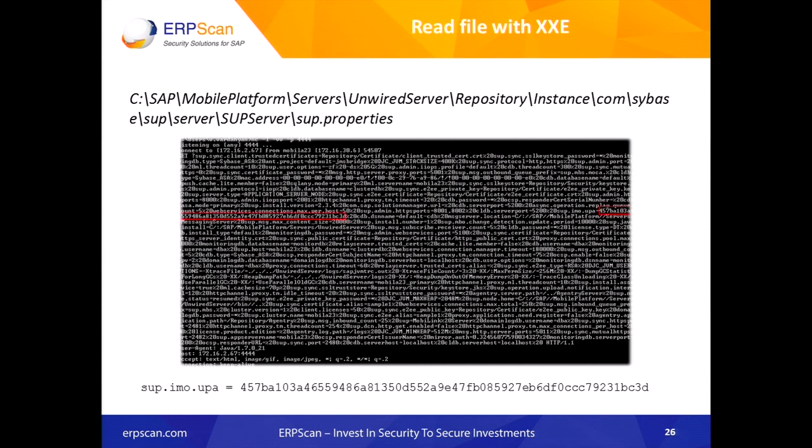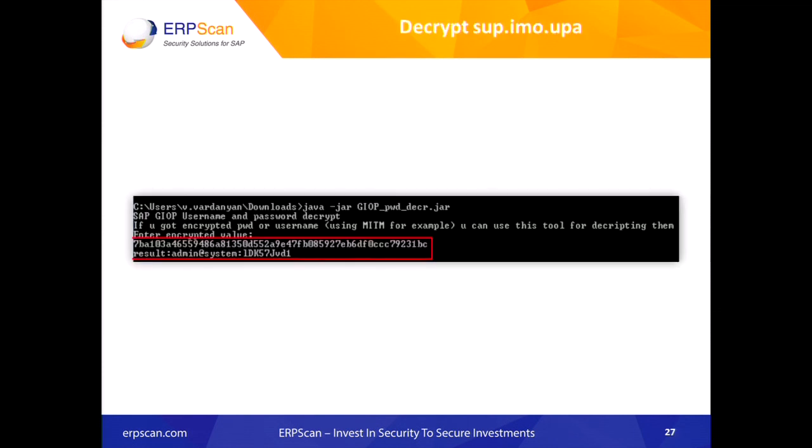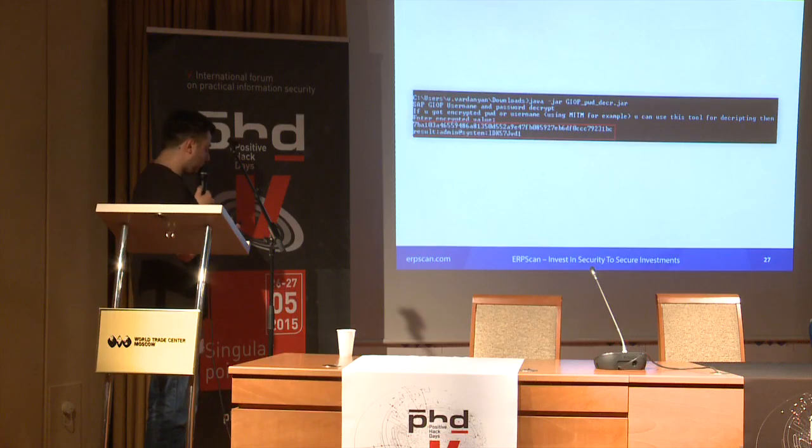It's certain encrypted data, which of course is encrypted, but with the usage of the program which decrypts the data transferred by the GIOP protocol, we're able to decrypt this data, and as a result, we received the system login and password of a system admin.